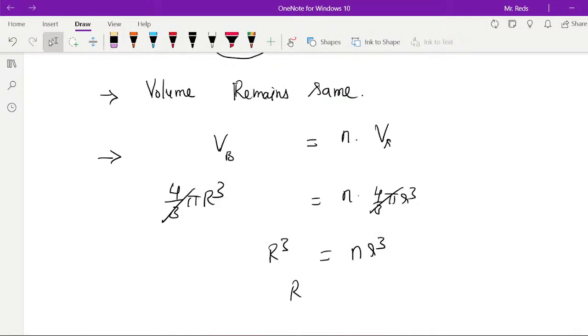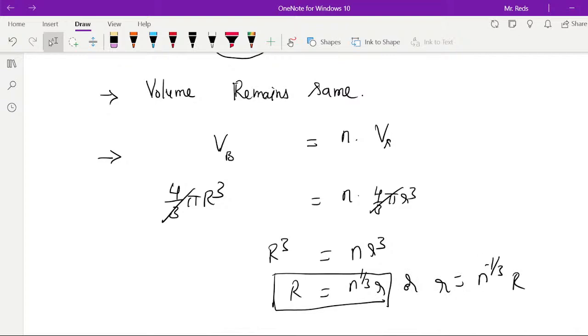So capital R is equal to n power 1 by 3 into small r, or small r is equal to n power minus 1 by 3 into capital R. Any of these relations we will make use of.